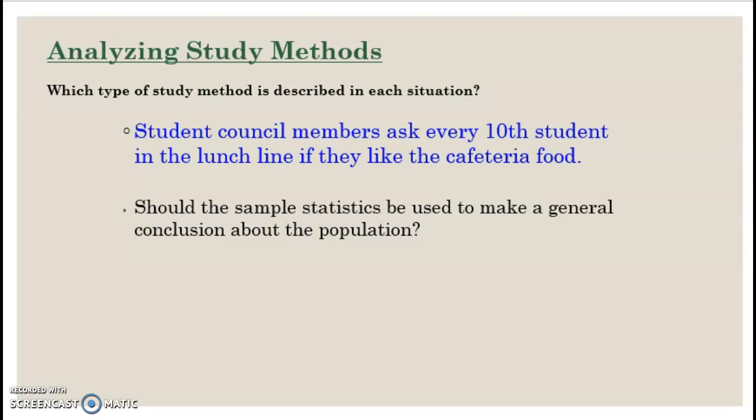Student council members ask every 10th student in a lunch line if they like the cafeteria food. Should the sample statistics be used to make a general conclusion about the population? It is obviously a survey because they're right there and they ask every 10th student in the line.